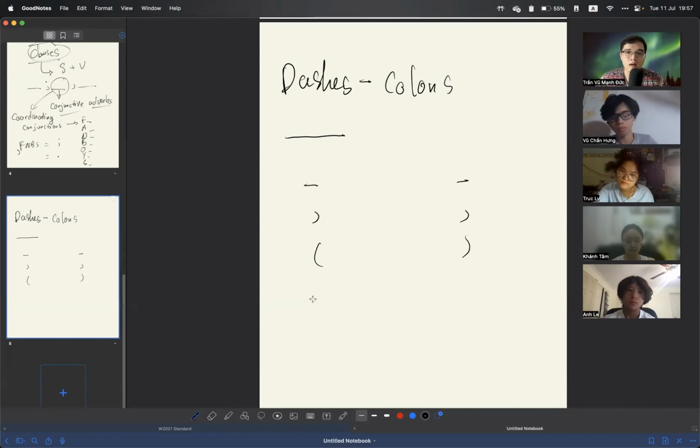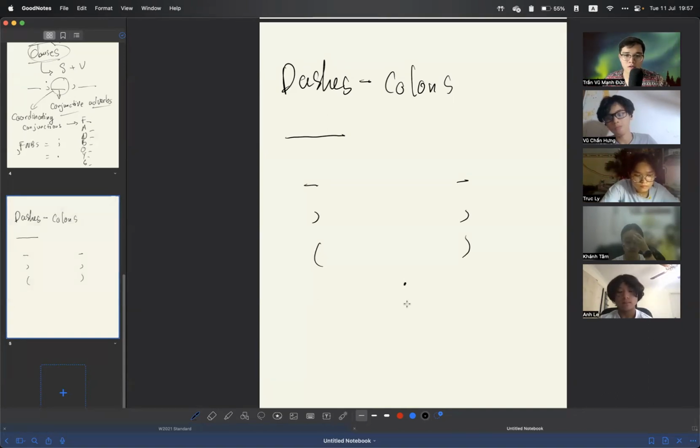And also, where can you put the colons? Is that also after? All right. Colon is a very, very special punctuation. What can be in front and what can be after a colon?